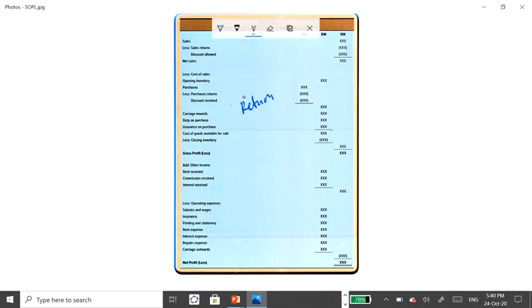So dua jenis return, return inward satu, another one is return outward.